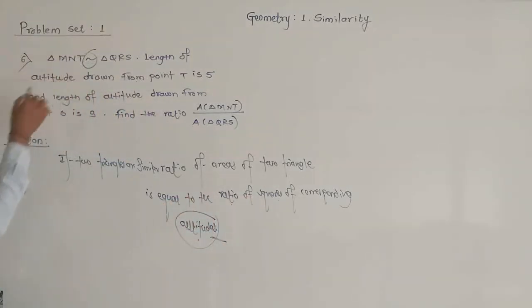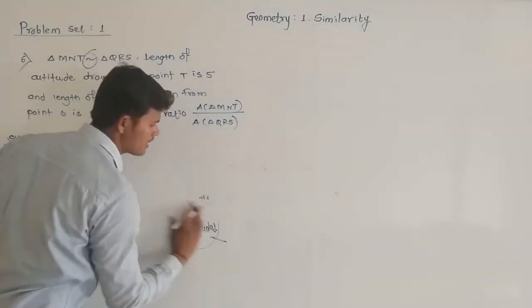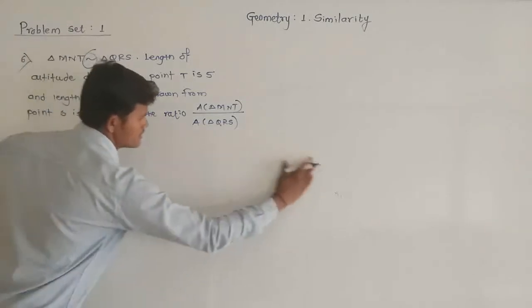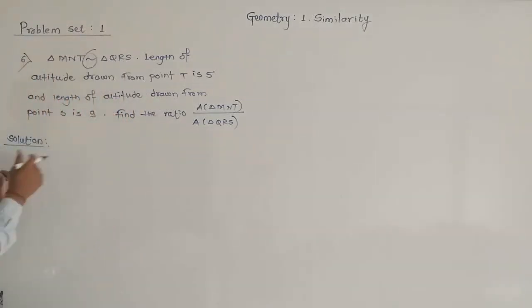So for triangle MNT and for triangle QRS, consider these two figures.